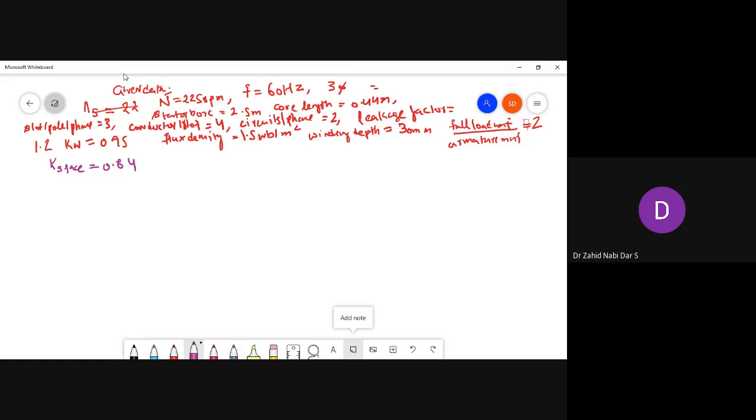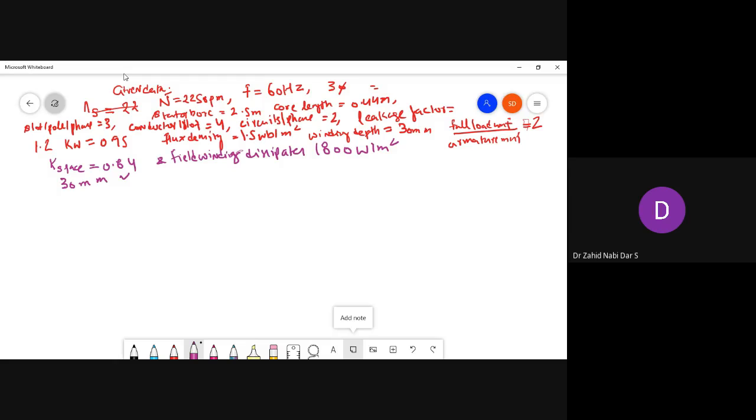And field winding dissipates 1800 watts per meter square of inner and outer surface. 30 mm insulation is required.